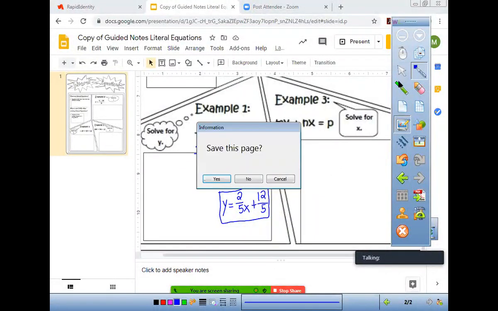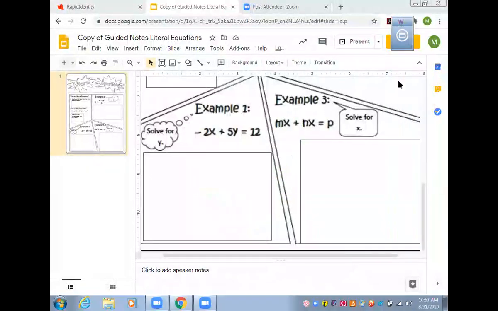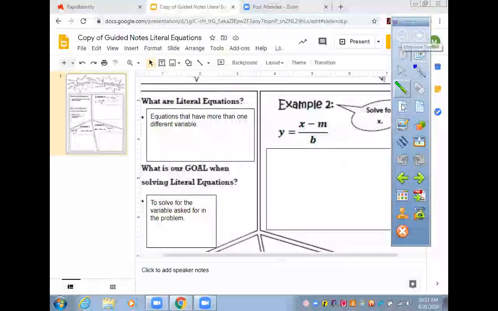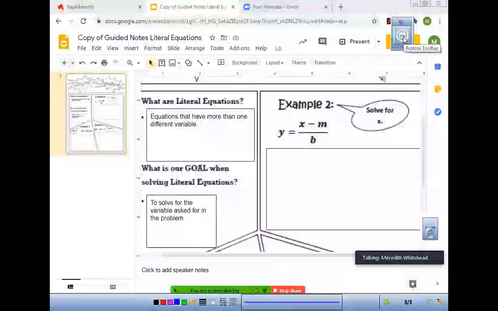Okay, I'm going to go back up. This number 2 is up here. All right, here's example number 2. Again, I'd write this one on my own paper and solve it out as we go. So this one has y equals x minus m over b, and they want us to solve for x.